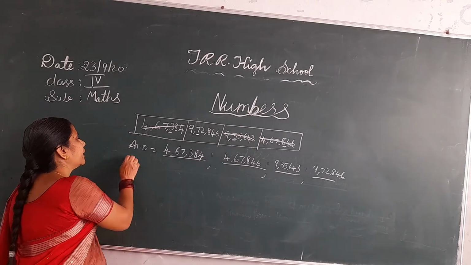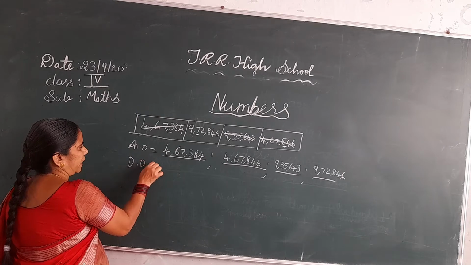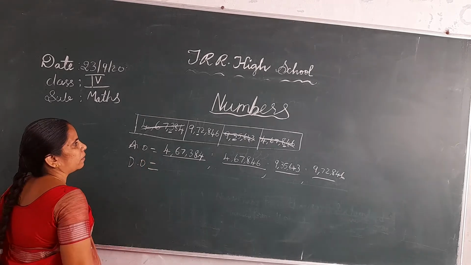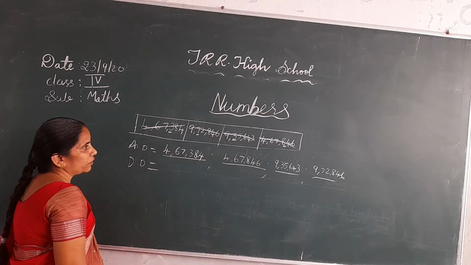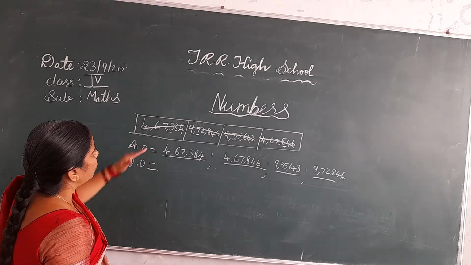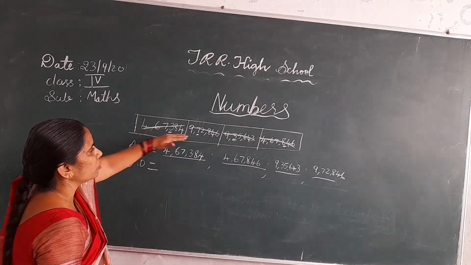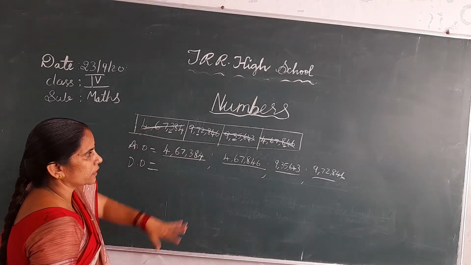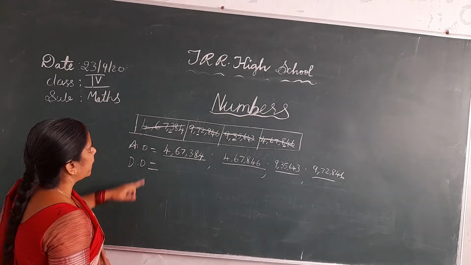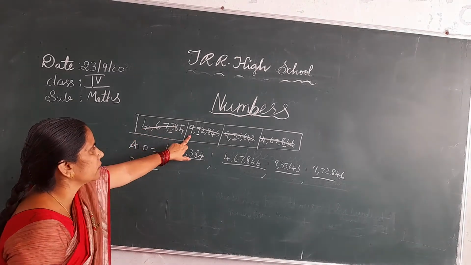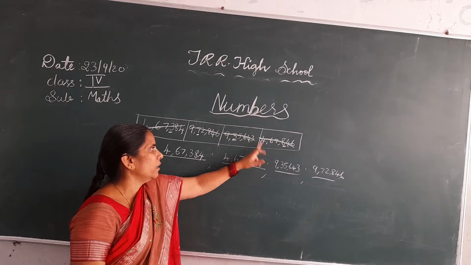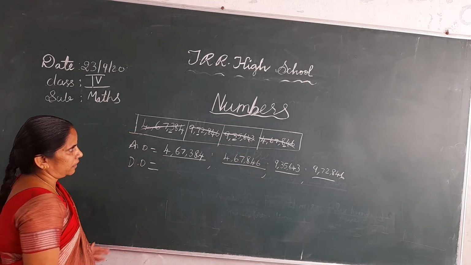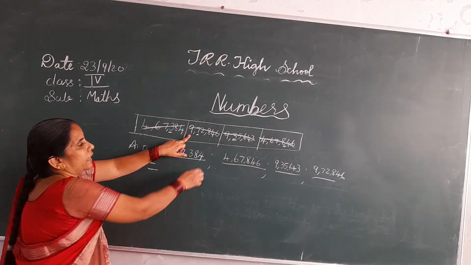Now how will you write descending order? We will take the same numbers only. In this, which is the bigger number? Already we cut it off. So you must see which is the bigger number. You all know the rules. Counting the digits, all have 6 digits. Then see the lakhs place. Here 4 is there, here 9, here 9, here 4. Which is greater? 9. But both 9s are there here.